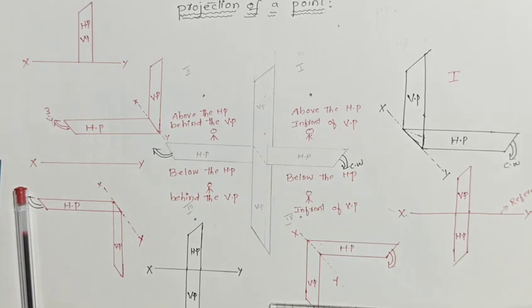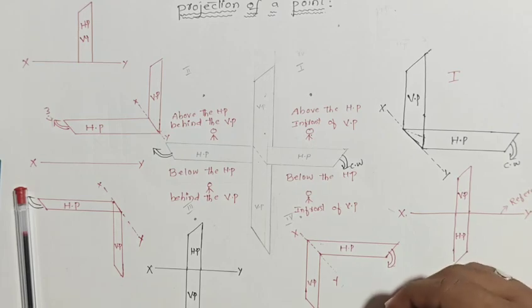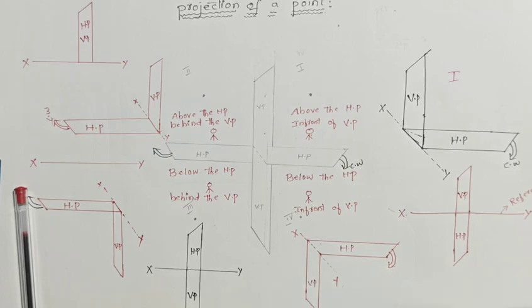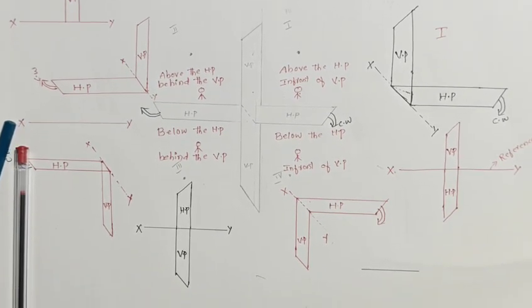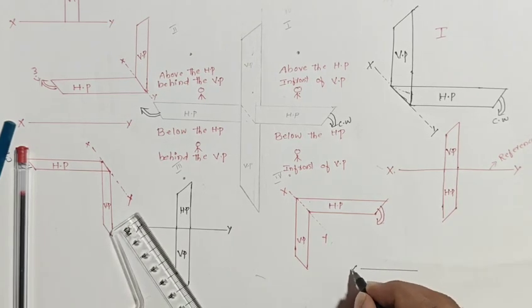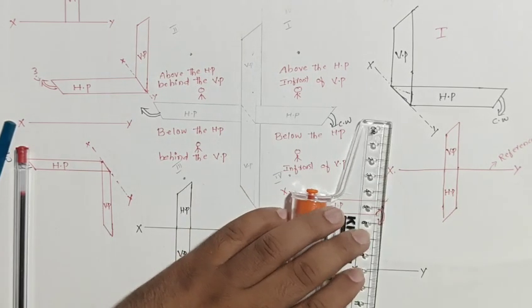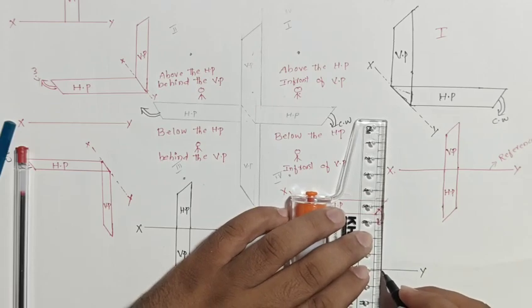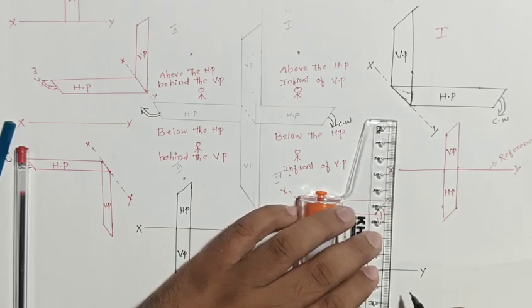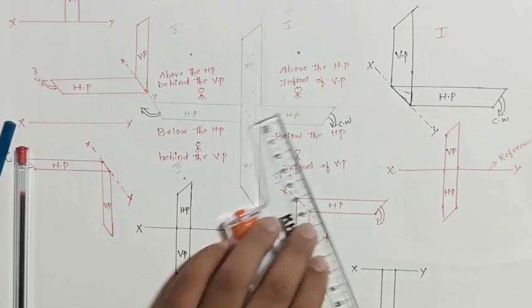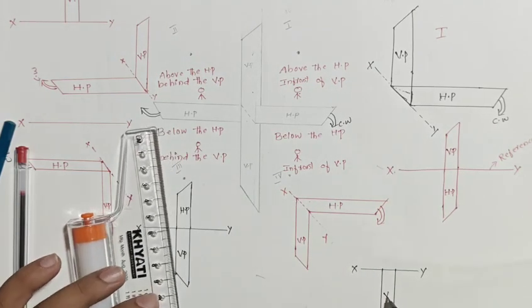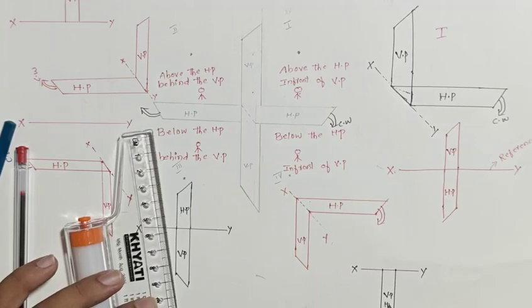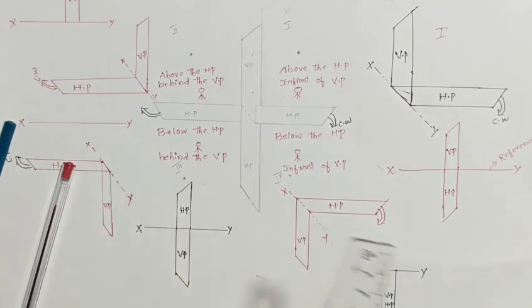First, draw the reference line X and Y. HP is below the reference line and VP is rigidly fixed here. VP and HP both are below the reference line.